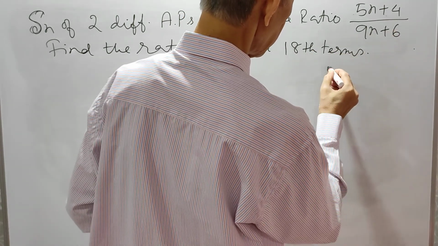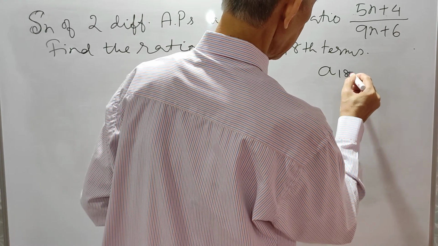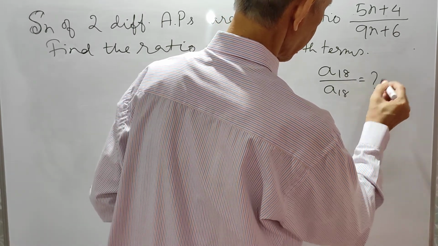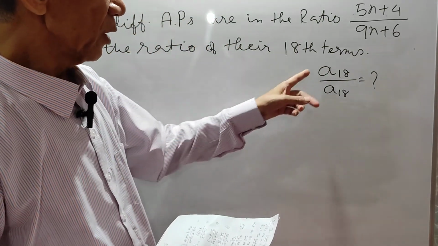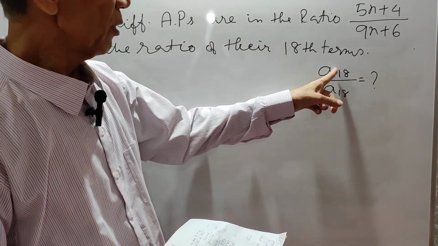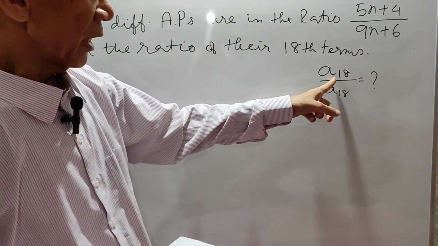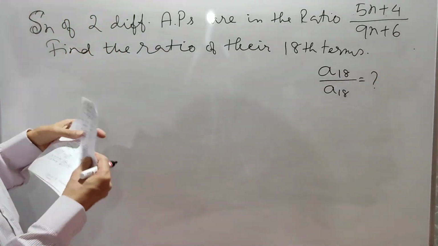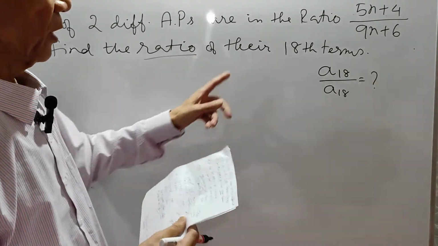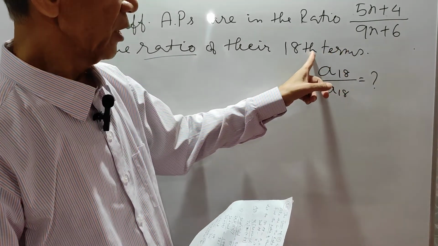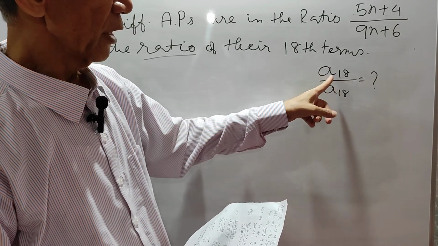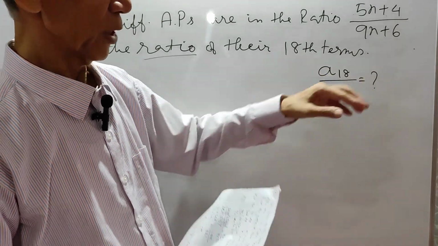That means you have to find A18 equal to what? You have to find the 18th term of the first AP by the 18th term of the second AP equal to what? So you have to find the ratio of their 18th terms.